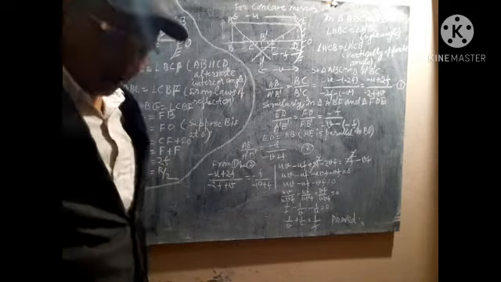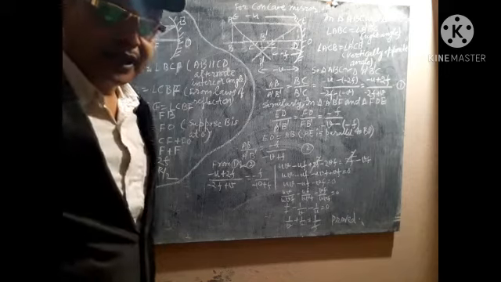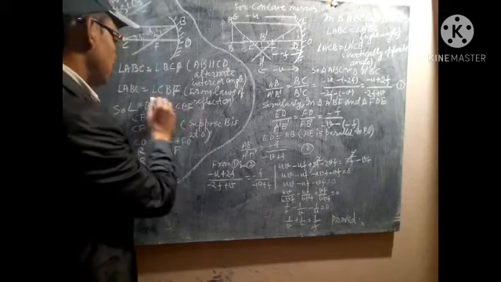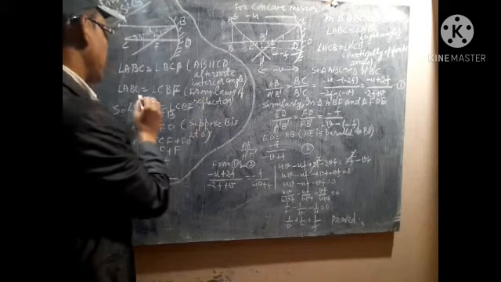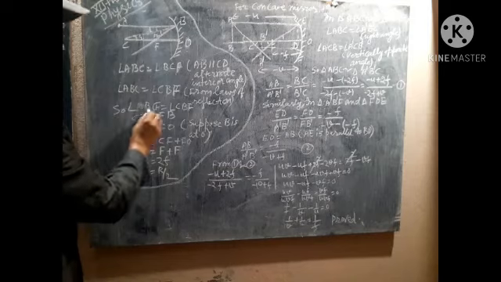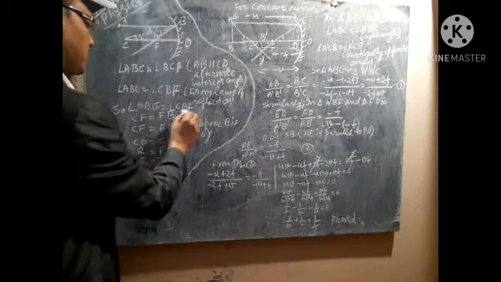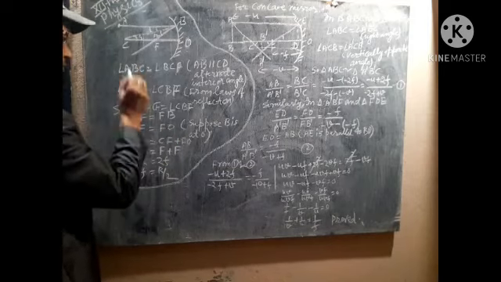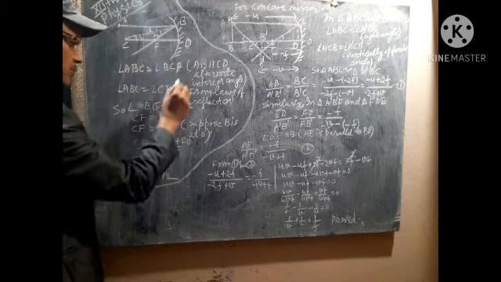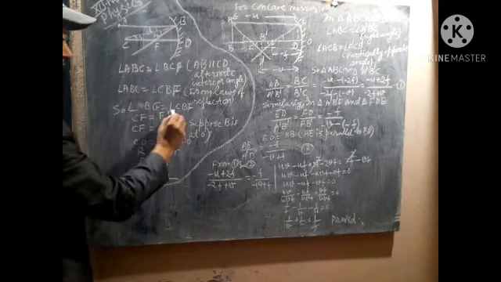The second law is that the angle of incidence is equal to the angle of reflection. Here I have used this from the laws of reflection: angle ABC is equal to angle CBF. Now angle BCF is equal to CBF. Here you are observing the left side is equal, so certainly the right side will also be. So BCF is equal to CBF.